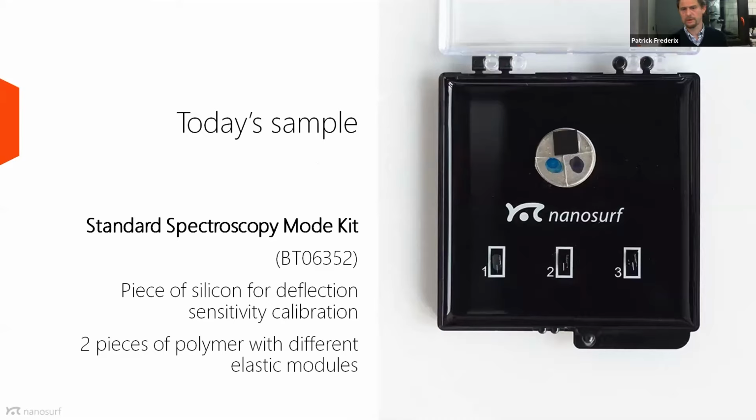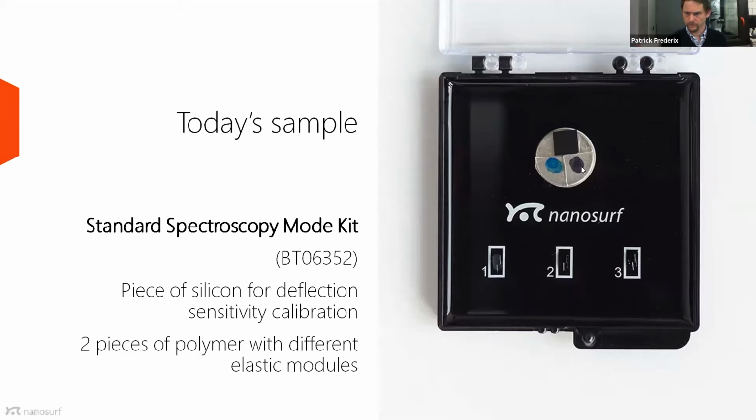The sample I will be measuring today is from our standard spectroscopy mode kit. This sample contains 3 areas. In the top, there is a piece of silica, and the silica is sufficiently hard to measure the deflection sensitivity of the cantilever.